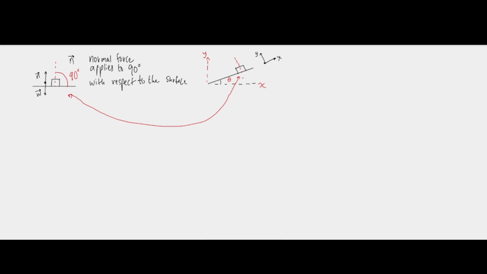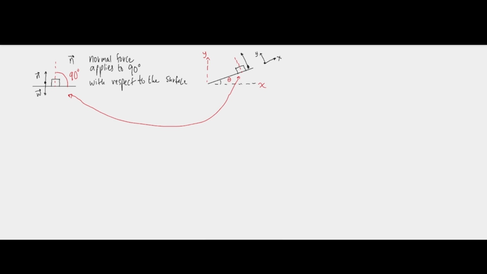Okay, so why would we bother talking about that? Why am I bringing all that up? Well, I'm bringing that up because now the normal force still points perpendicular to this surface, so it would point parallel to this midline on the box. But which direction does gravity always point?